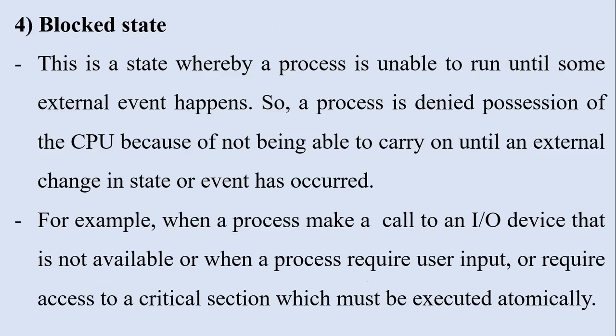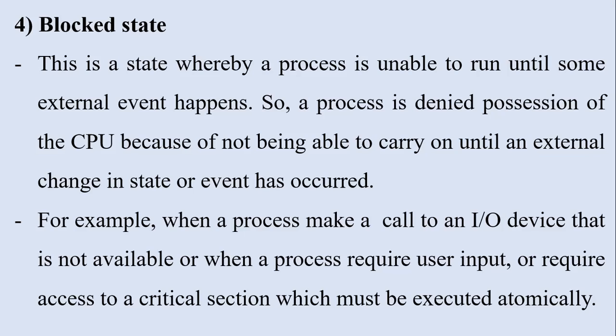The fourth state is called the blocked state. Blocked state is a state whereby a process is unable to run until some external event has happened. So a process is denied possession of the CPU because of not being able to carry on until an external change in state or event has occurred.